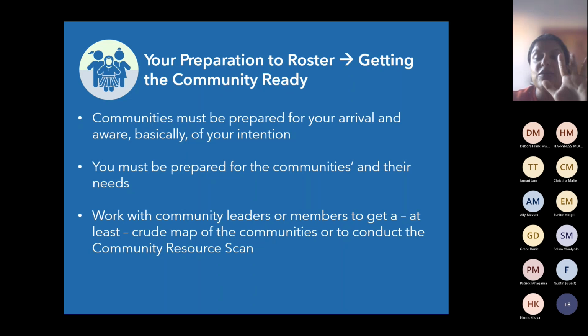And I would also encourage that you work with community leaders or members to get at least a crude map of the communities. Having a map, even just something hand drawn of where the houses are, where the pathways are, can really help you in figuring out how to send your team out to cover all the houses without repeating. So let's say you have 20 teams of 2 people, right?